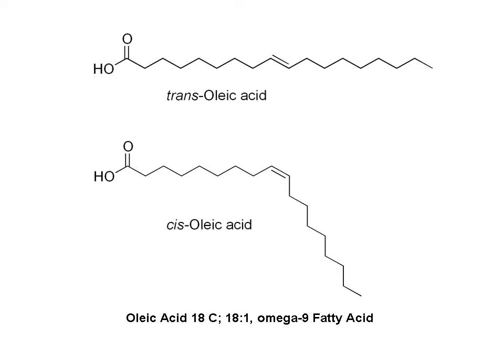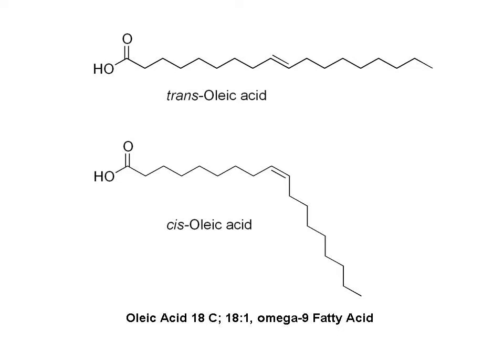These double bonds fix the structure of the fatty acid into conformations which the molecule cannot switch between easily at room temperature. These are called isomers, and the names of these isomers are trans and cis isomers.